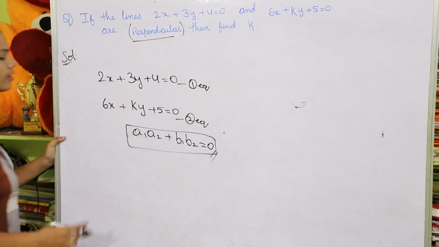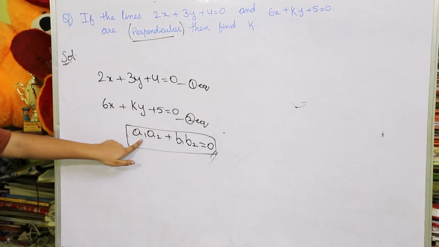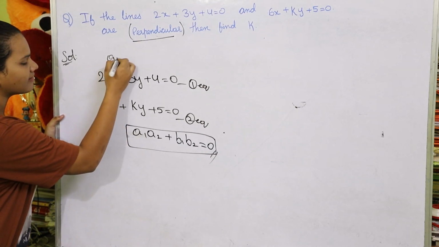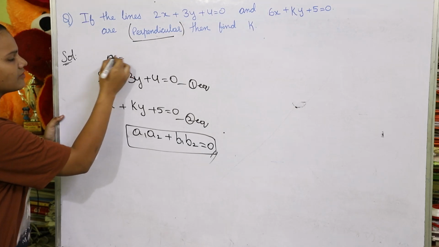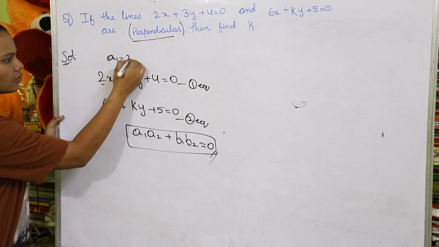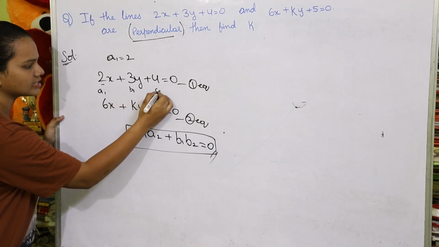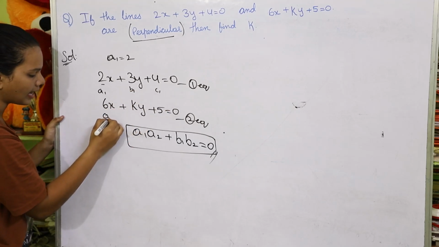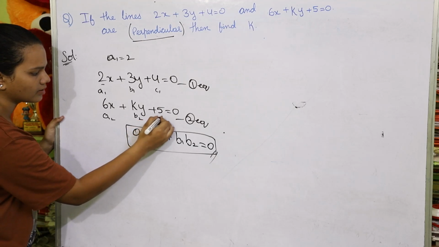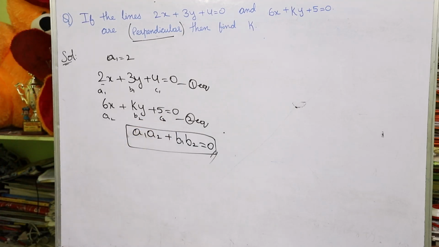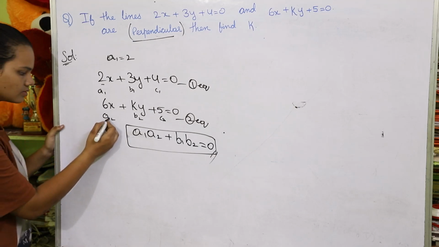Remember this formula. Now just write down the a1 value, where a1 is equal to 2. This will be a1, this is b1, this is c1, and this is a2, b2, c2. Clear? We know these values: a1, b1, c1, a2, b2, c2.